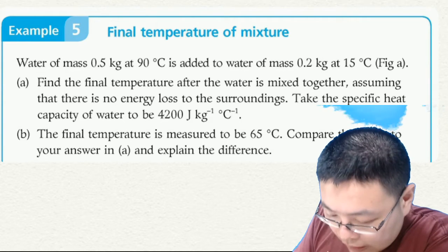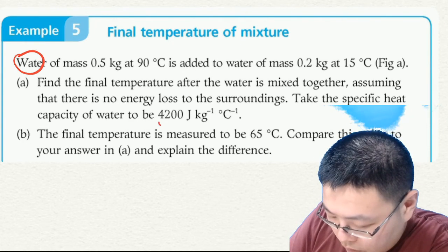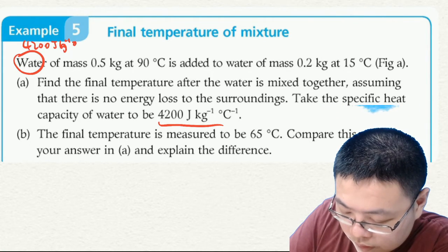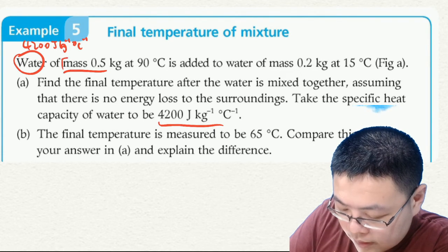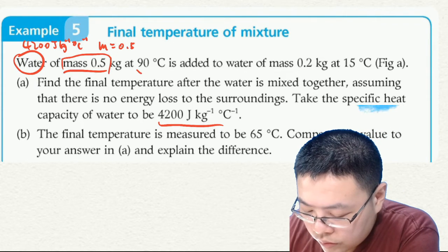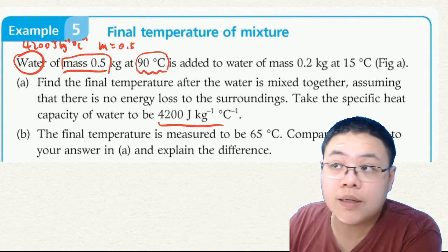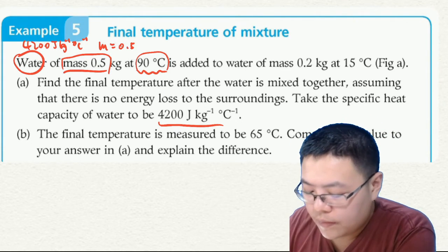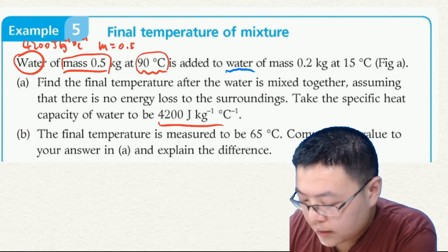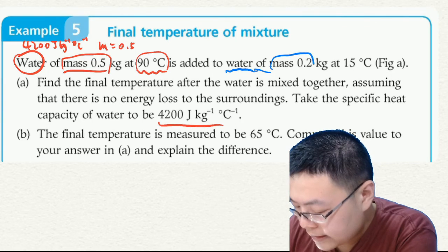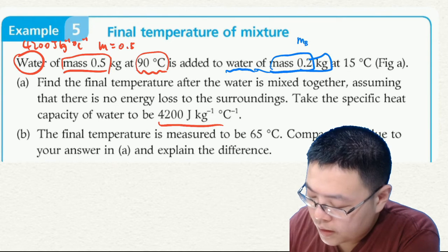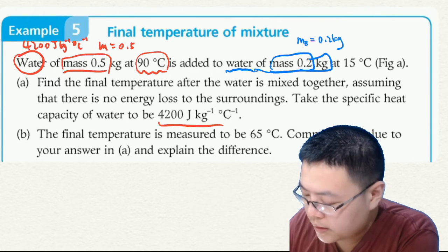Water: the specific heat capacity is 4200 joules per kilogram per degree Celsius, and the mass m is 0.5 kg. The initial temperature of the water is 90 degrees Celsius, hot water. We add it to another cup of water of mass 0.2 kg.